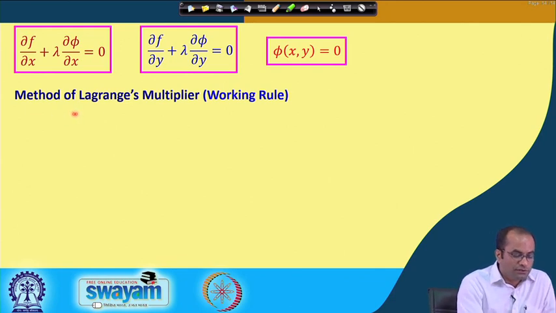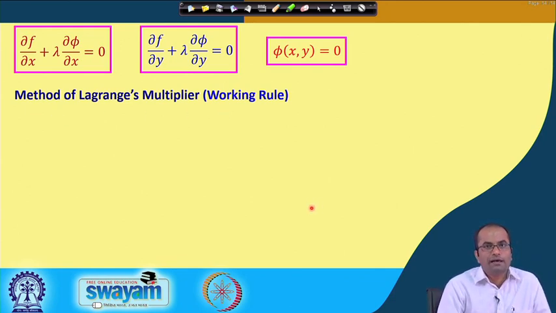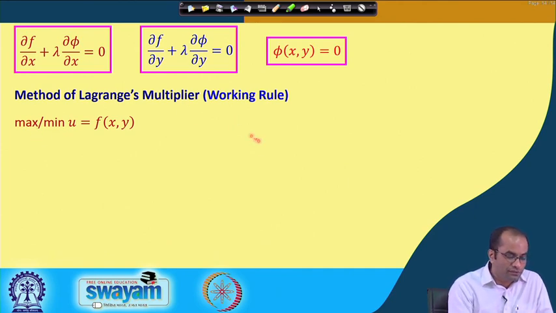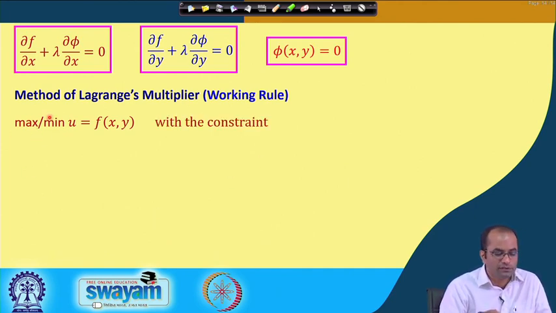So, what is the method of the Lagrange multiplier which we have just discussed? There is a way to remember easily how to set up these equations. We have just seen a bit long derivation, but now we will write it down in a more precise form which is very easy to remember and gives these equations directly.